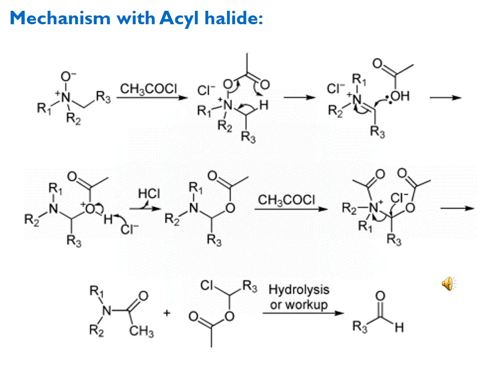Here the byproduct is an acetyloxy alkyl halide, or you can say an ester having chloro as a substituent. After the hydrolysis of this product, we can get the aldehyde.